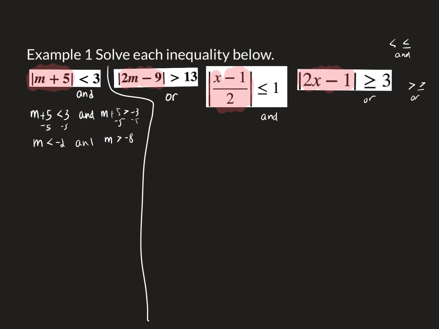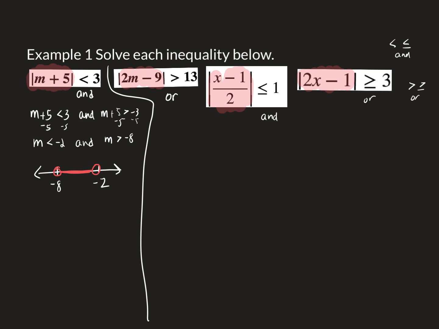So you can graph on 3 different number lines if you want, or you can think about it. Less than negative 2, greater than negative 8 would intersect between negative 8 and negative 2, and I'm going to shade in red between negative 8 and negative 2. So that's what my graph would look like.